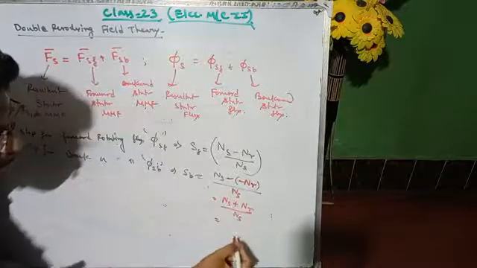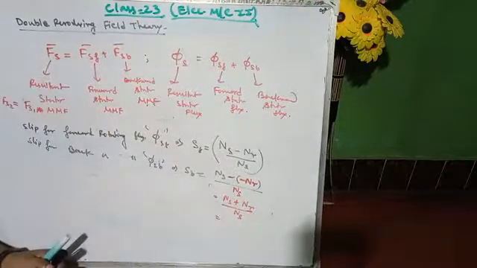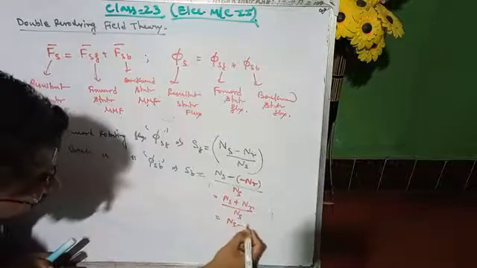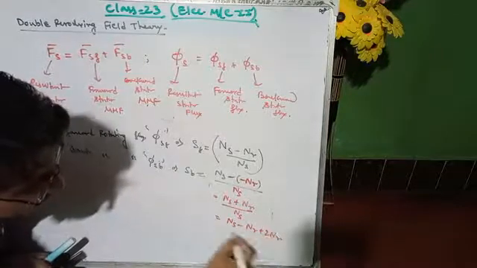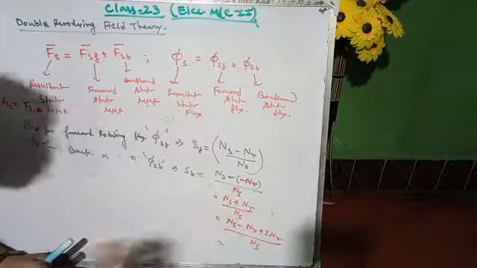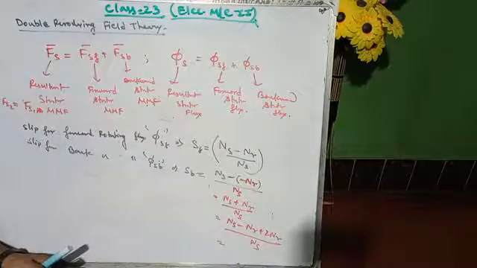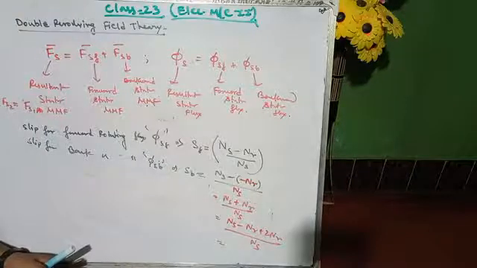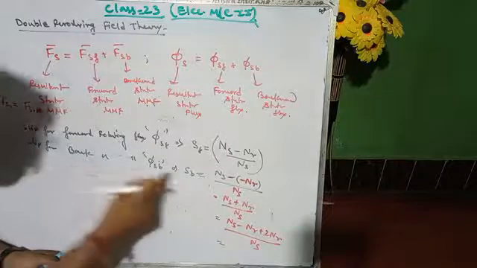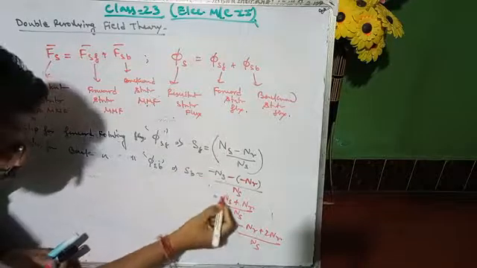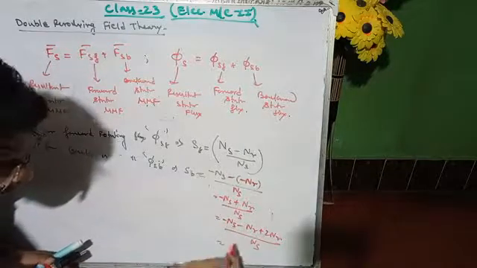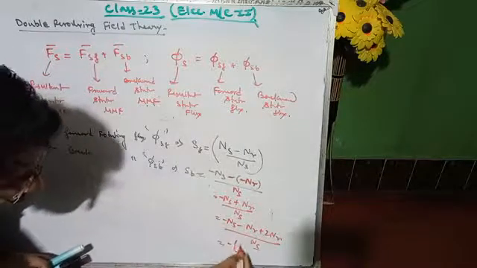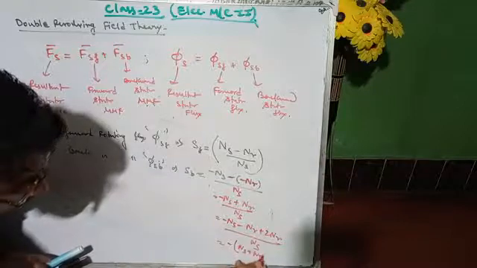So ns minus nr plus 2nr by ns. Can we write it? Yes, we can easily write it. And for this one it will also be negative, right? Taking minus as common, ns plus nr.